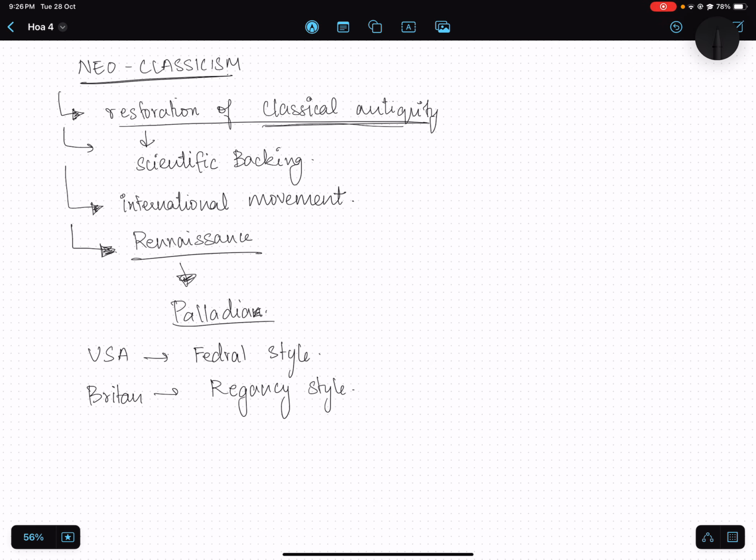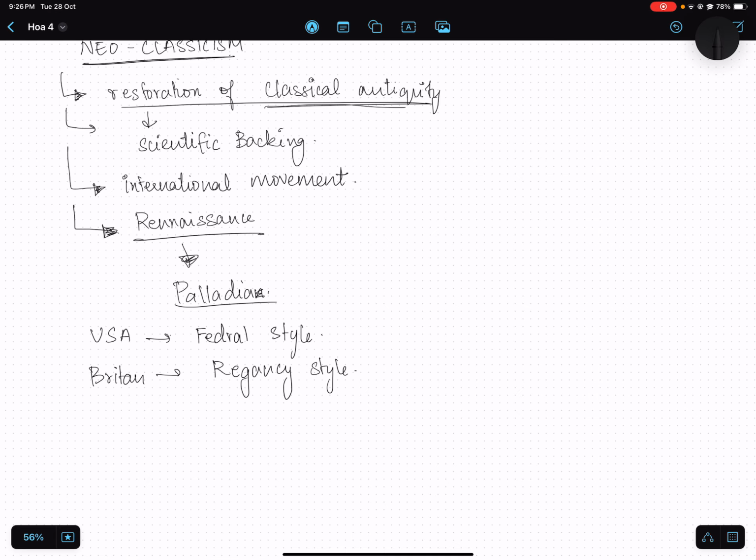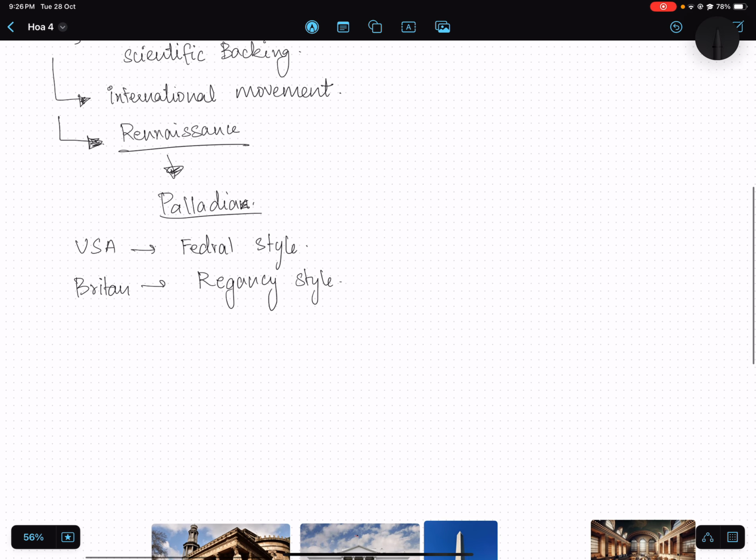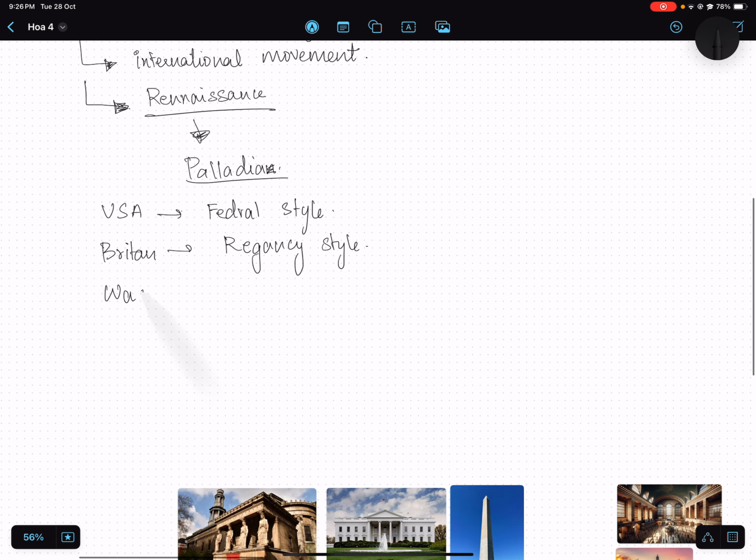So if you look at some examples of Neoclassicism, I would point to Washington. No, I'll talk about Washington DC later. There is Buckingham Palace, London.